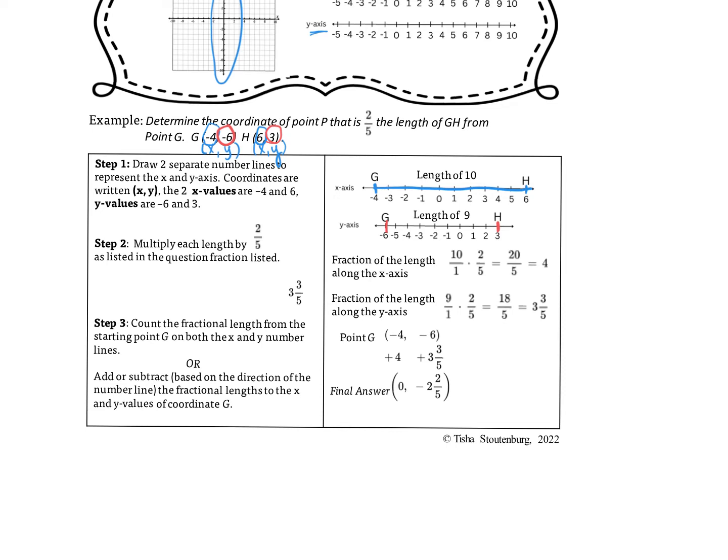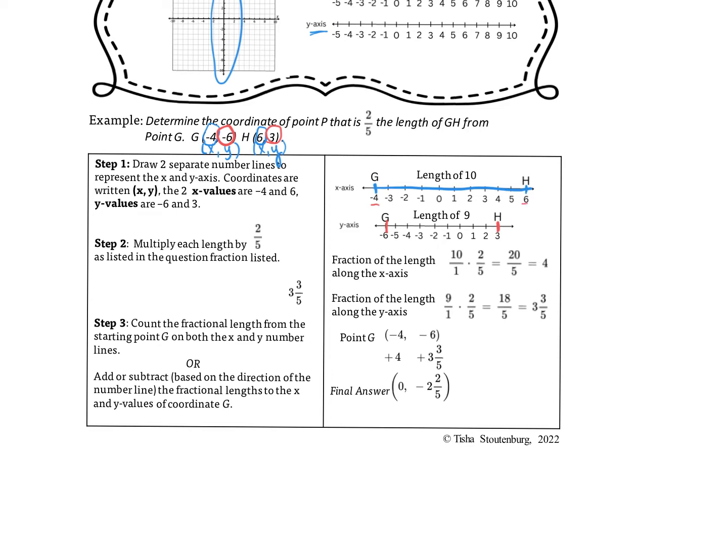Now this next part is exactly the same. We need to multiply the length of each segment by the fractional distance that's being asked. So from -4 to 6, that's 10 units.